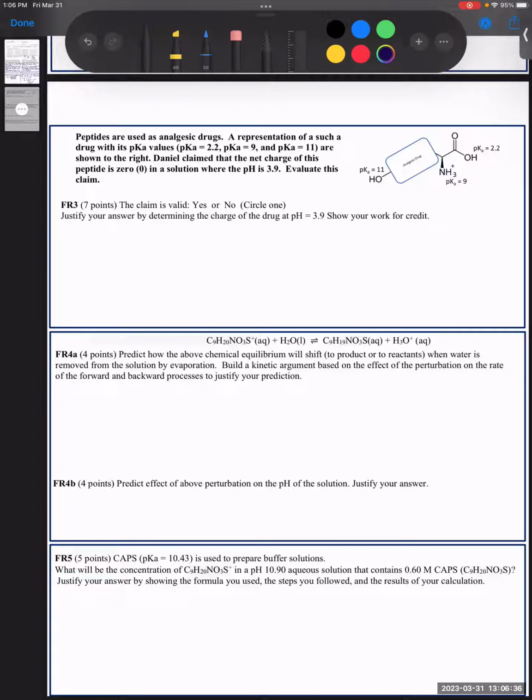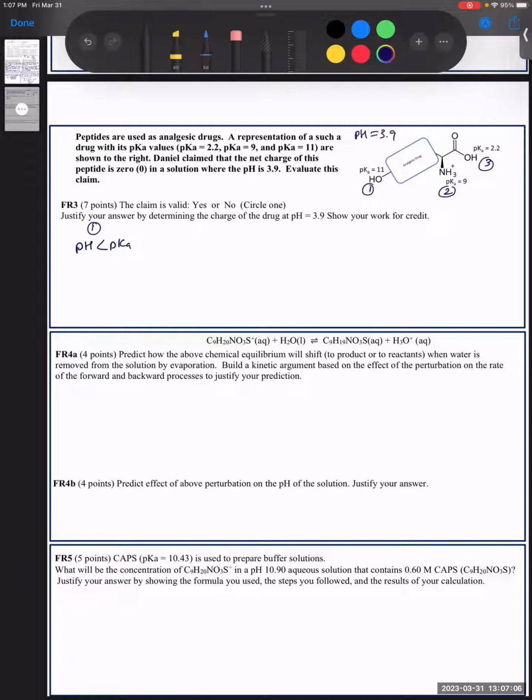All right. So this is my group 1, group 2, and group 3. Okay, so let's think about group 1. The pH is 3.9. Now with respect to group 1, pH is less than the pKa.